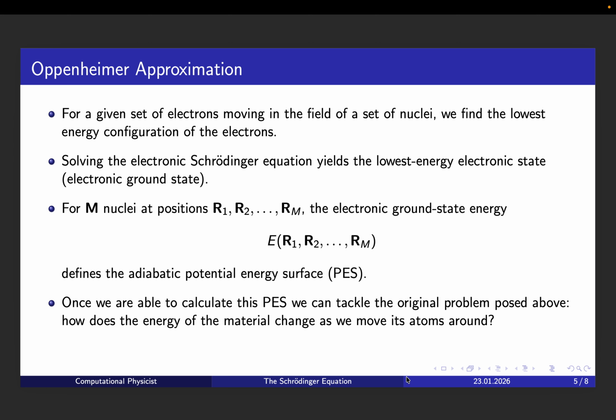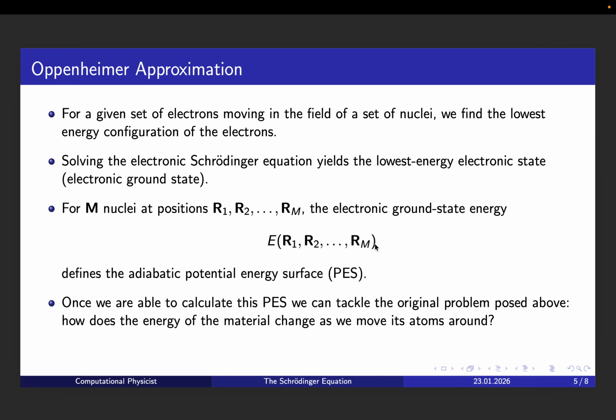For a given set of electrons moving in the field of a set of nuclei, we can find the lowest energy configuration of the electrons, and the lowest energy state is also known as the ground state of the electron. If we have M nuclei at positions r1 to rM, then we can express the ground state energy as a function of the positions of the nuclei, E of r1 to rM.